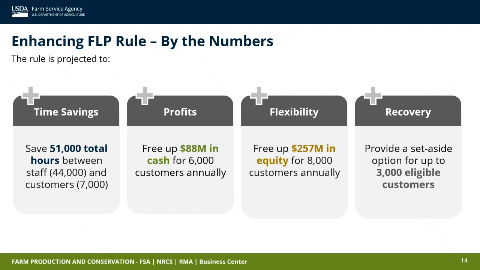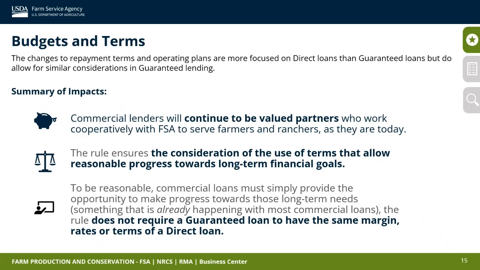But when we put customers first and trust them to make decisions that are best for their personal operation, I believe that's the role of this program, and to support those customers in achieving their long-term needs. So with that, I want to transition it over to Deputy Administrator Cobb to give us a couple more thoughts and to close us out.